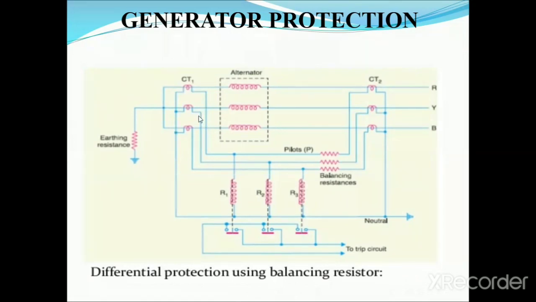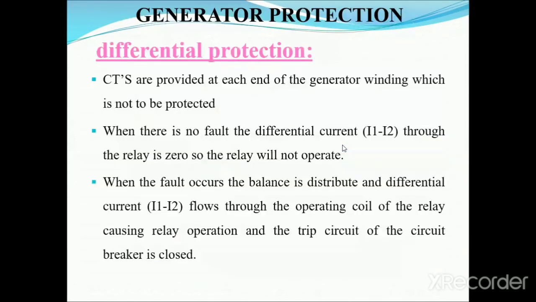Suppose any faults are obtained. In that case only that relay coil will be energized and the plunger moves in the upward direction. In that case only the tripping circuit closes its contacts. This is the working of a differential protection using the balancing resistors, or a differential protection for the generator.